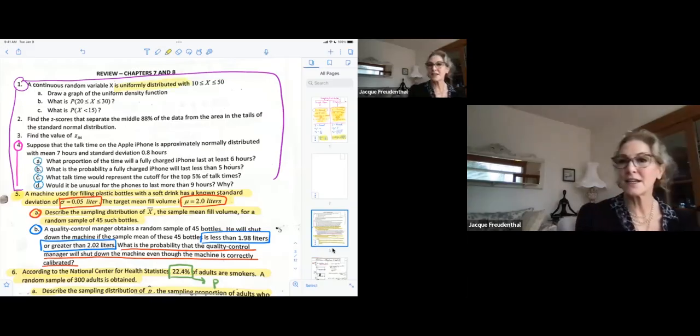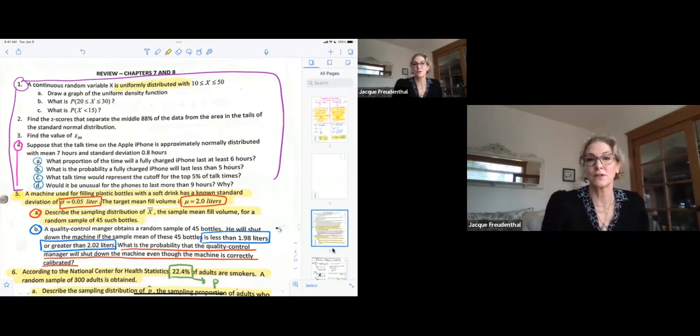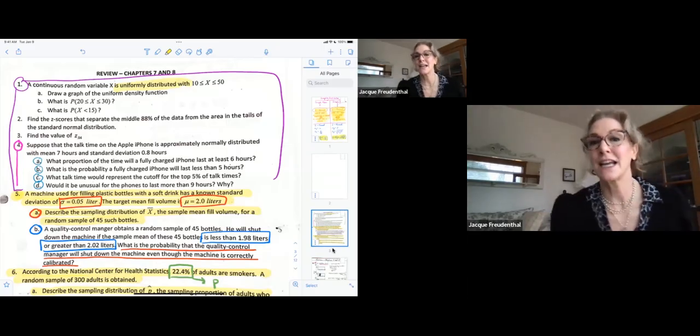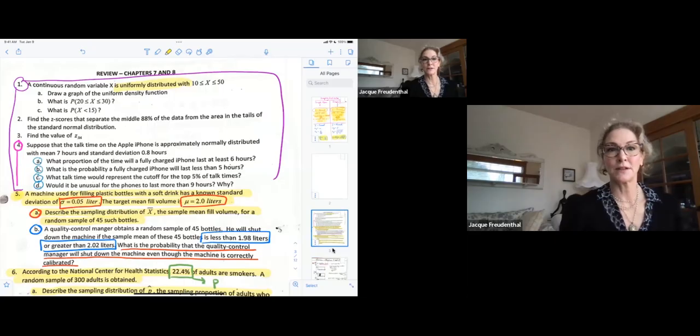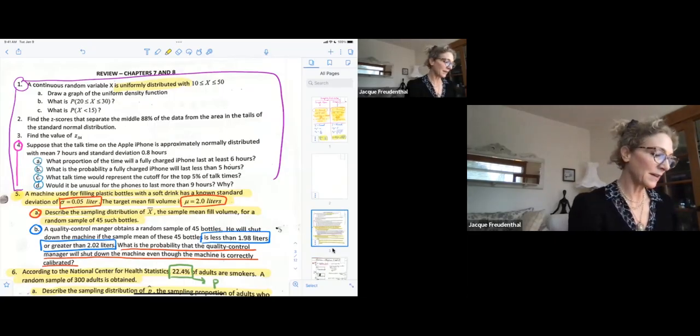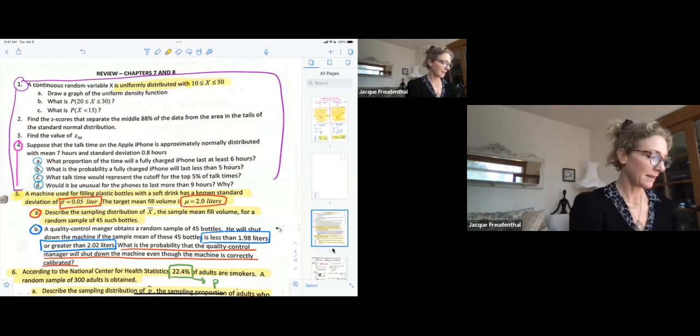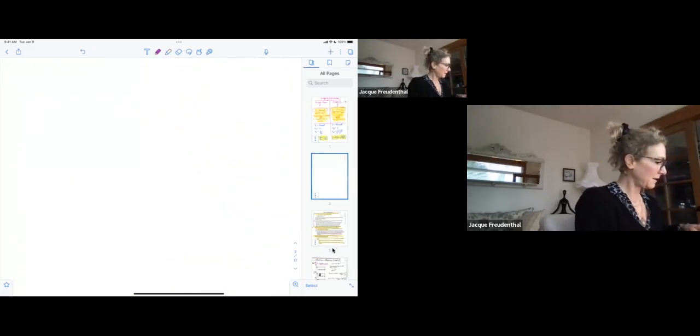Okay, so that's a different distribution than the normal distribution. A uniform distribution looks like a square box, a rectangle, is the shape of that distribution. So a continuous random variable X is uniformly distributed, and it gives you where X is defined. X is defined between 10 and 50. Let's draw the graph of the uniform density function.